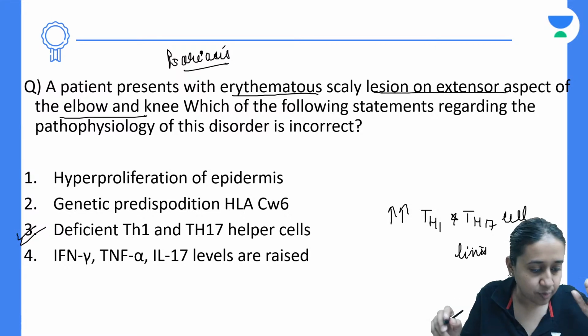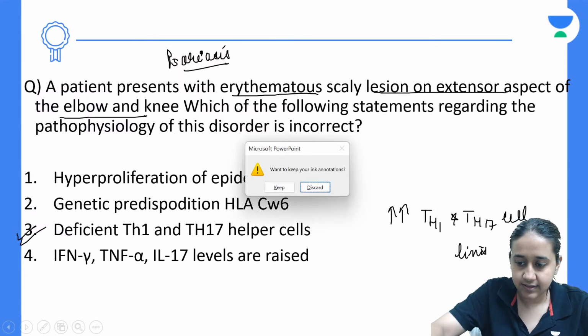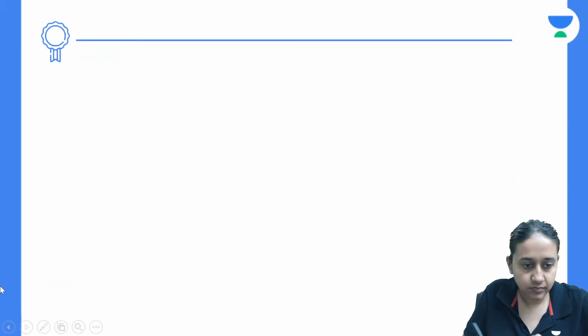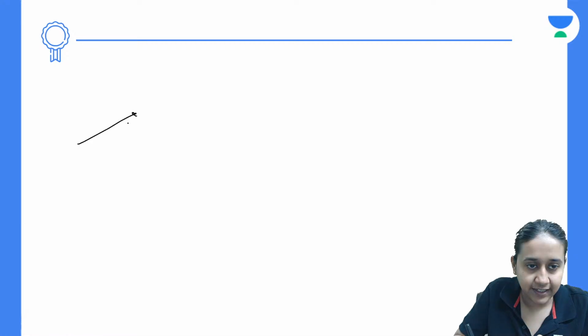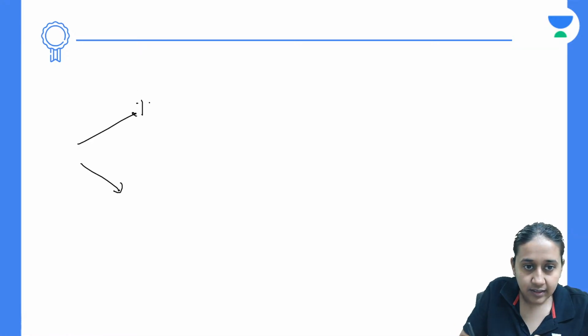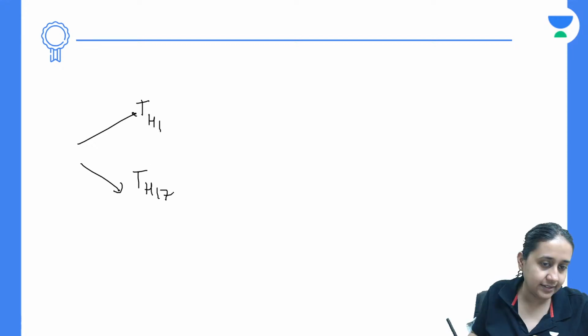Now, what is the main problem in patients of psoriasis? Under the influence of a lot of factors like genetics, drugs, infections, Th1 and Th17 cell lines increase.